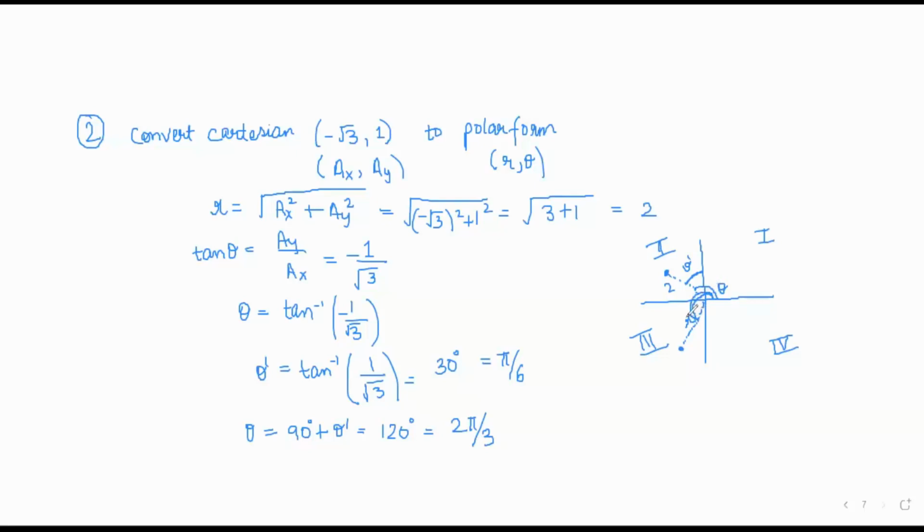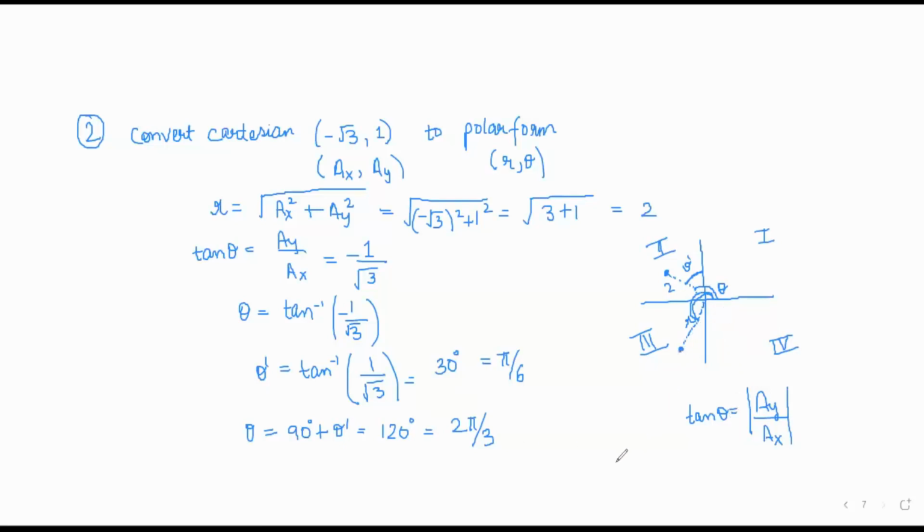So we'll neglect the negative sign and calculate theta as the tan inverse of ay by ax, taking the mod of this ay by ax. That is, we'll not take the negative sign into consideration. We'll calculate theta for the third quadrant case.